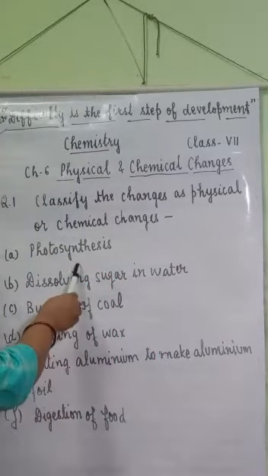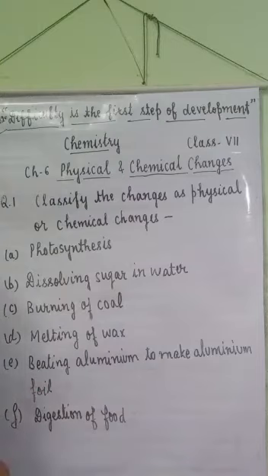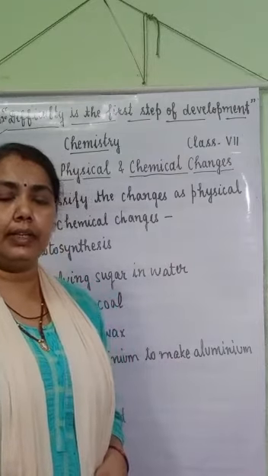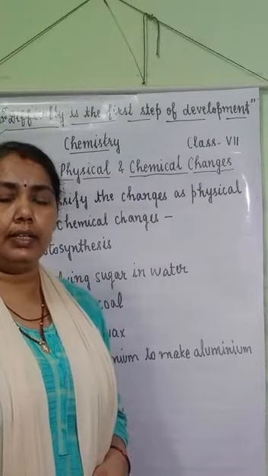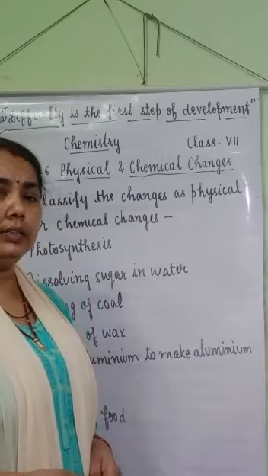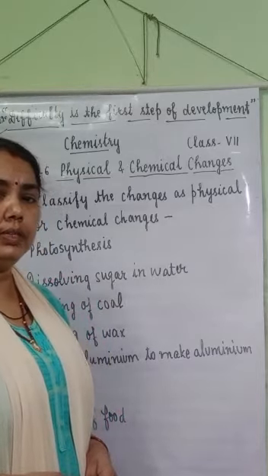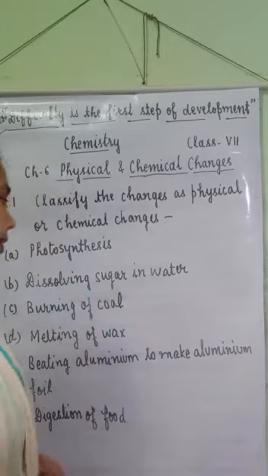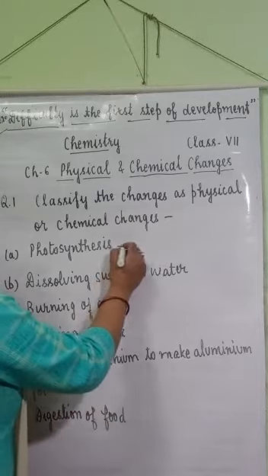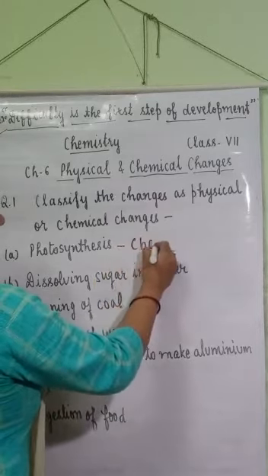So here is photosynthesis. By the process of photosynthesis, plants prepare their own food by the reaction of water and carbon dioxide in the presence of sunlight and chlorophyll. Here glucose is formed and oxygen gas is released. So there is a new substance formed, so it is a chemical change.